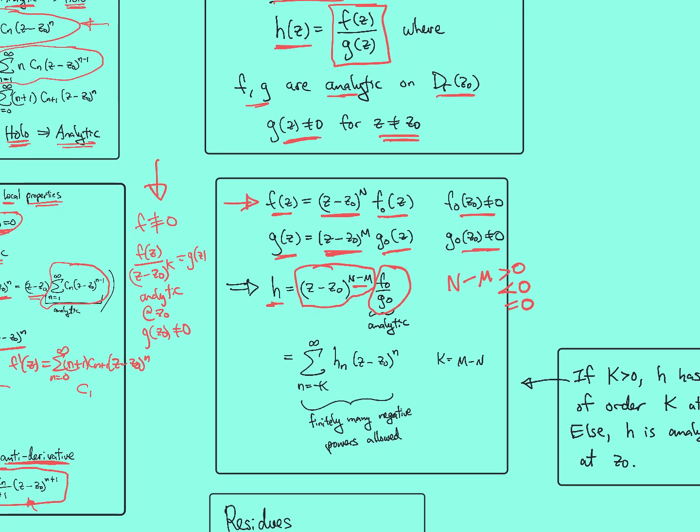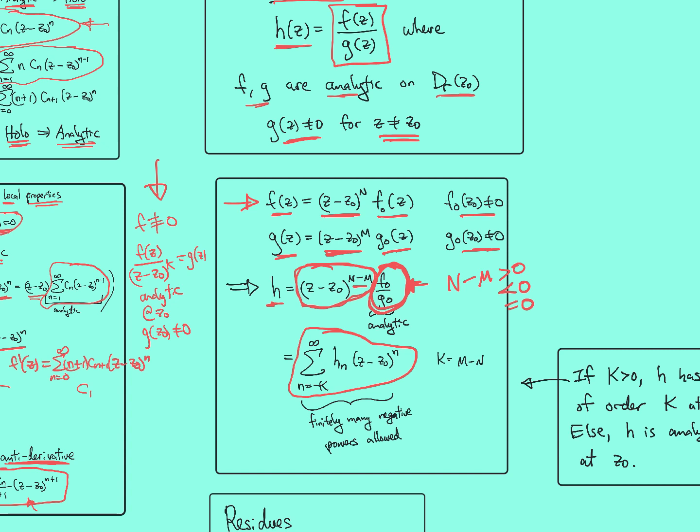And what can we do? Well, I can take this analytic part and it will have a power series representation. And then if I expand the power series here and then just multiply through by this potentially negative power, what I get is not a power series representation, but it's what we call a Laurent series representation.